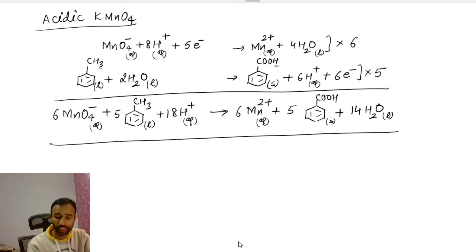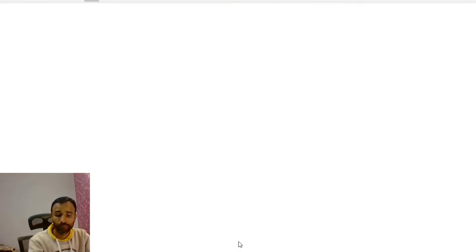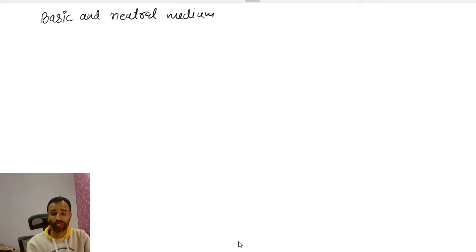Now come to basic and neutral medium. In basic or neutral medium, meaning weakly basic, MnO4 negative gives MnO2.